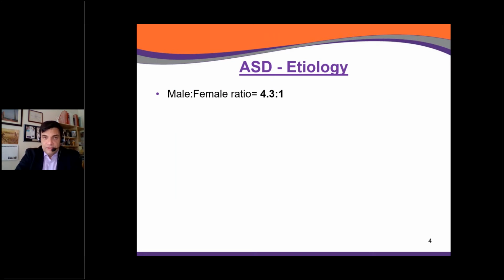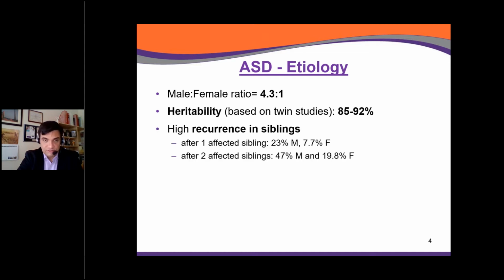If we look at the etiology of ASD, one of the most striking features is the male to female skewed ratio. The most recent estimates are about 4.3 males per 1 female. But we know there is a high heritability based on twin studies, so the difference between the prevalence of ASD among monozygotic twins versus dizygotic twins, and the estimates of heritability in ASD is about 85 to 92%.